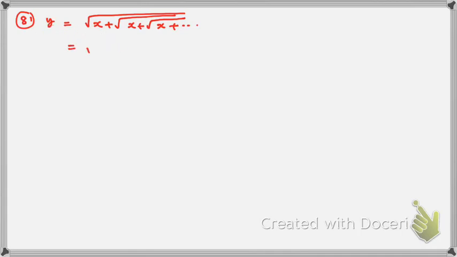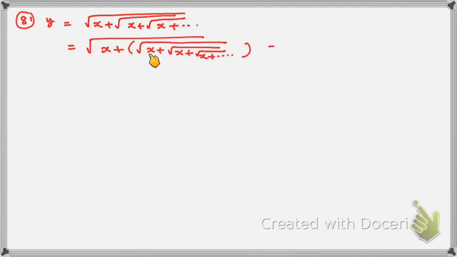What I will do here is, on the right side, I will write root of x plus the rest of it. If I group it like root of x, I copied the first one, plus what is the rest? Root of x plus root of x plus root of x plus root of x plus root of x to infinity.